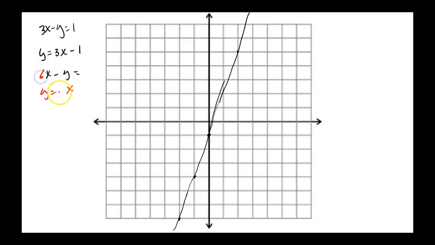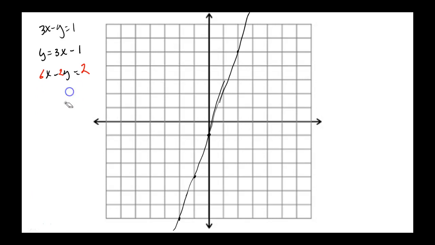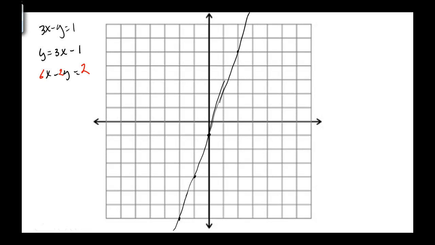6x minus 2y is equal to 2. Okay? What would you do to try to simplify this one? Or would you just start plotting points, or what?